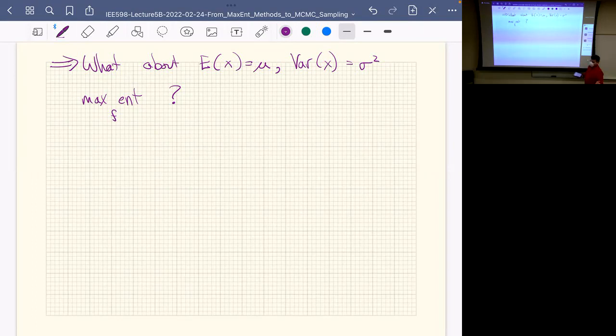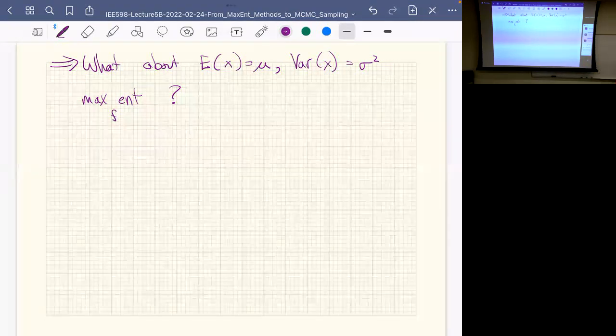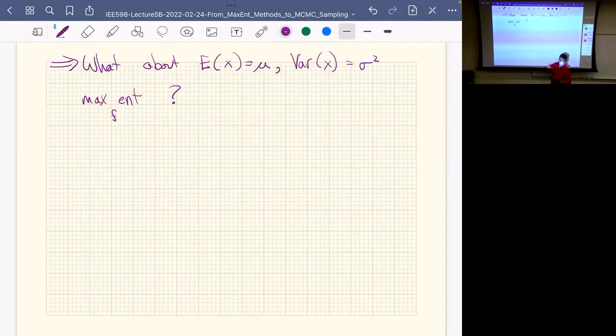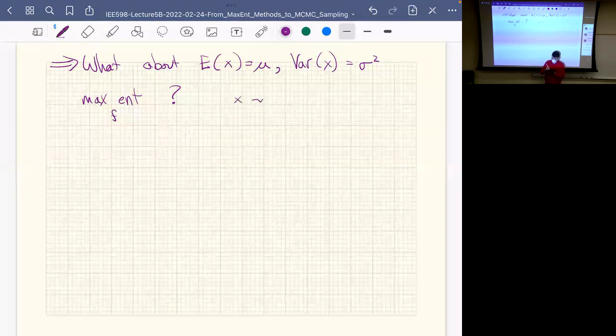It could be a negative value, it could be a positive value. Gaussian distribution, so I see a lot of normal distributions, Gaussian distribution, another name for normal, and that's what I'm looking for here. If you were to solve the maximum entropy problem with that constraint, then you end up getting that X is going to be normally distributed with mean mu and variance sigma.